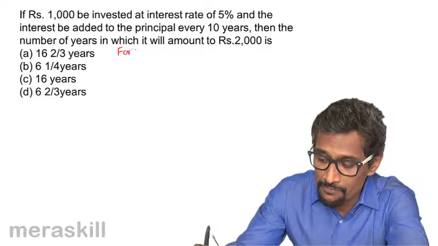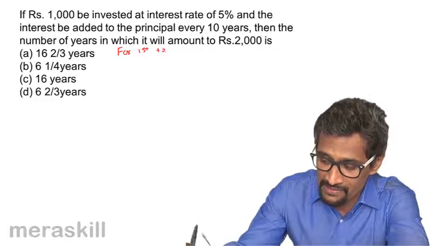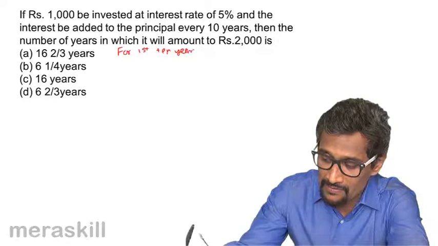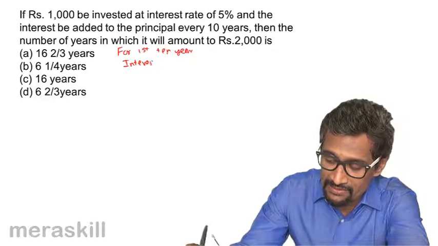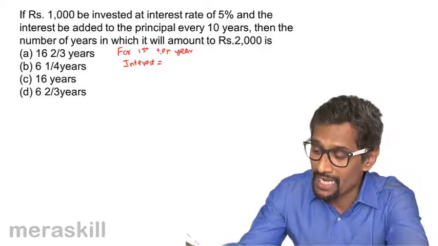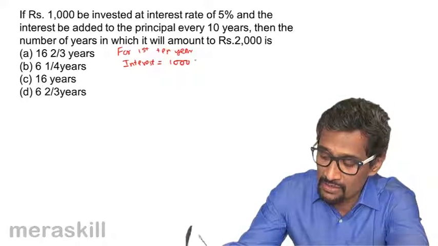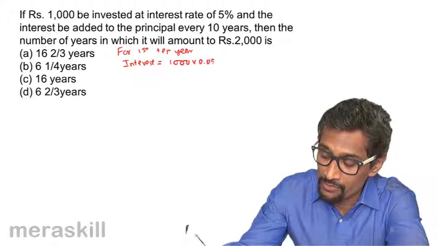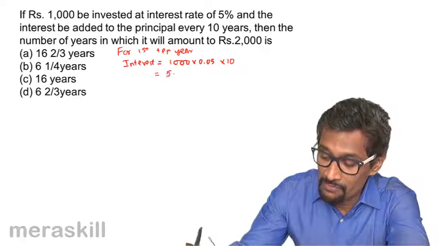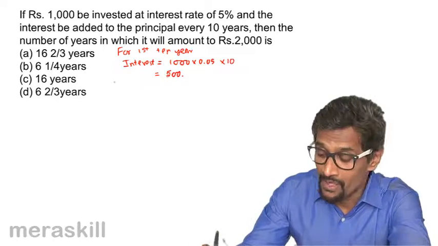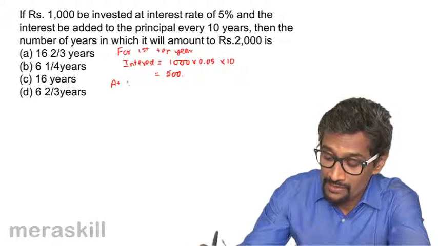Hence for the first 10 years, in short, this is a simple interest case. Interest is going to be PRT, that is 1000 into 0.05 into 10, which will turn out to be 500.